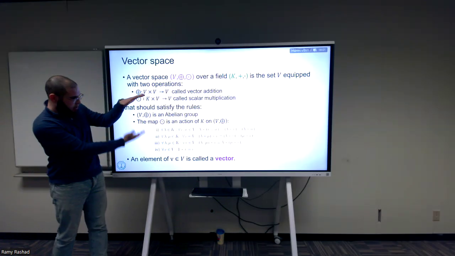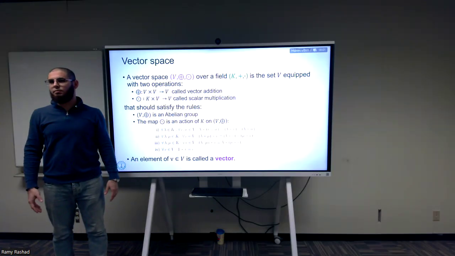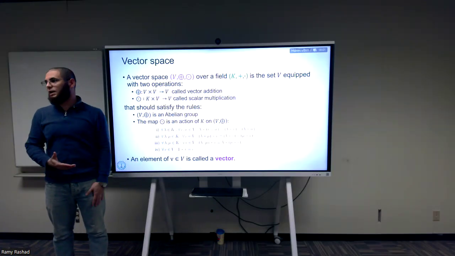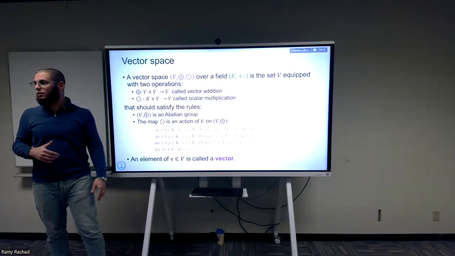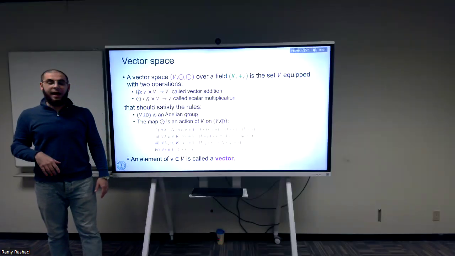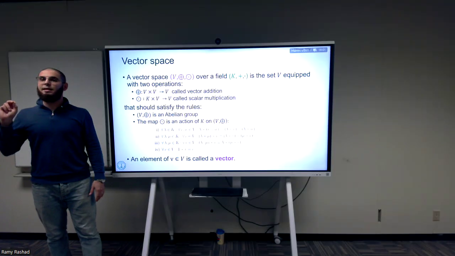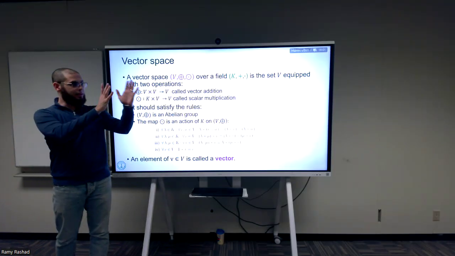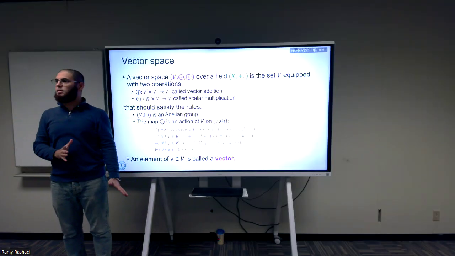We should satisfy many conditions. I'll leave this for you to check at home. I'll just jump to the examples. Now, what is the thing that we call a vector in this abstract theory?